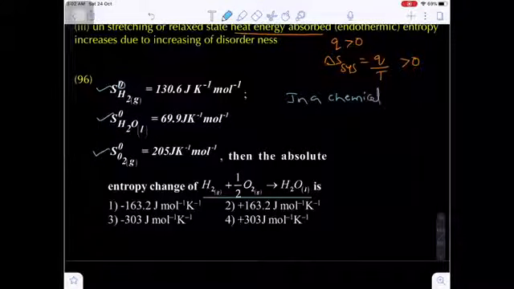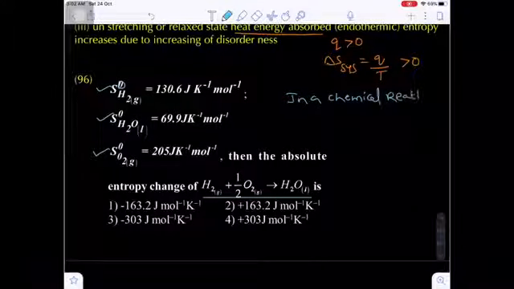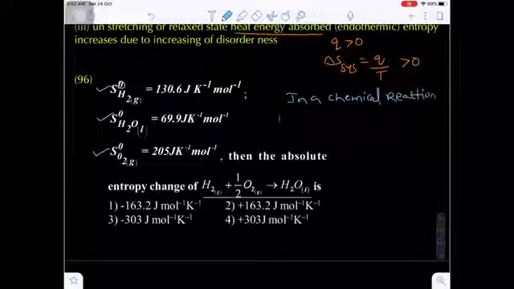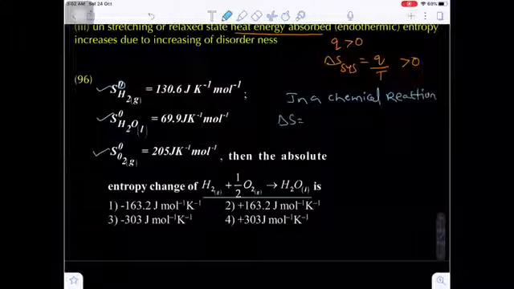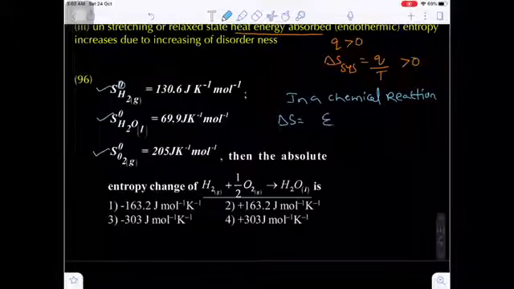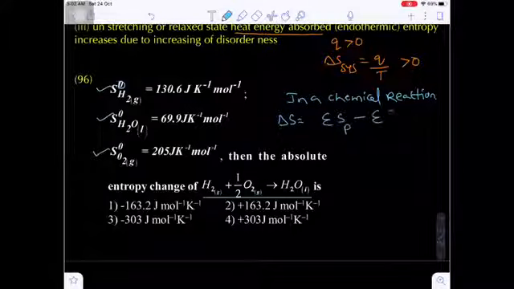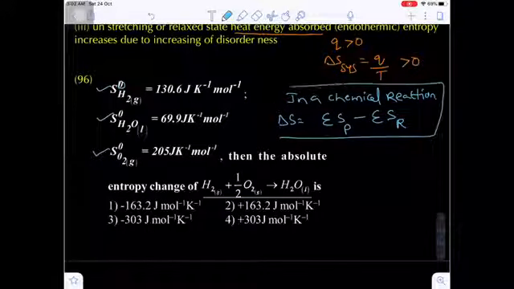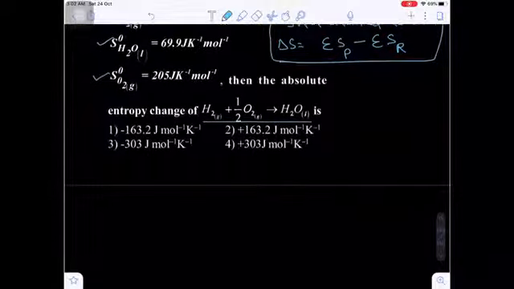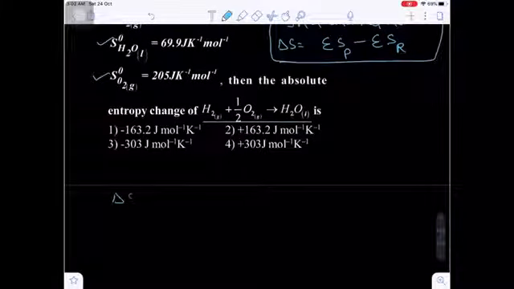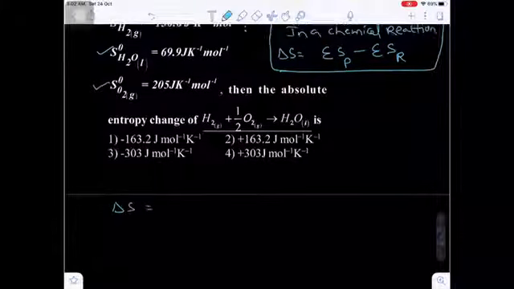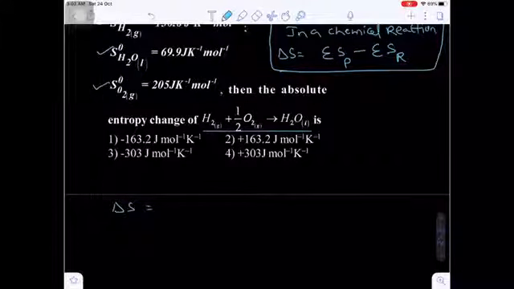Okay. Now we know in a chemical reaction, how to find the change in the entropy? Change in the entropy will be equal to the sum of the entropy of the products minus the sum of the entropy of the reactants. Now here delta S will be equal to, what is the product here?